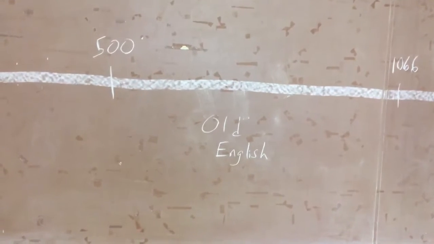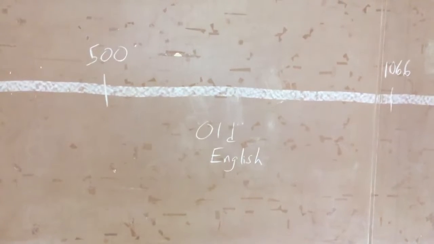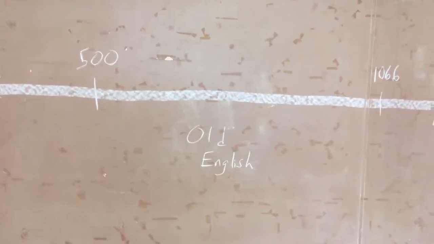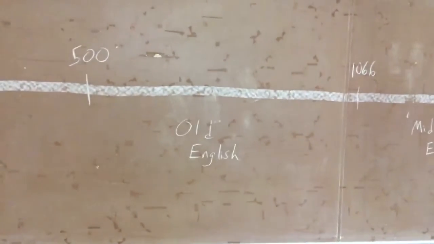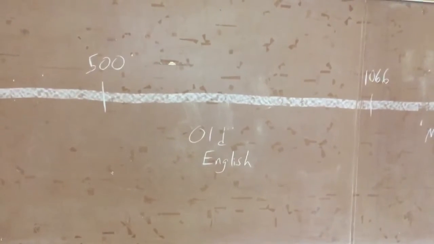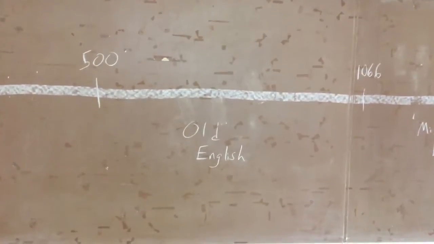It sounds more like German than like English, or it sounds like something out of the Lord of the Rings, and you will not understand it at all. That's Old English. And so that starts a little before 500, and that's what people spoke for 500 years or so.